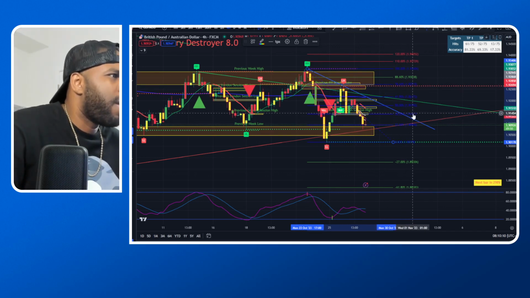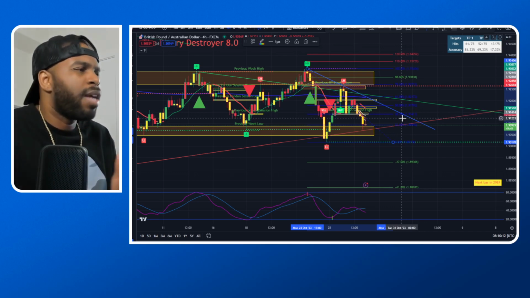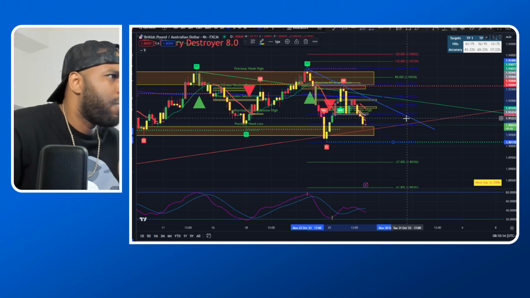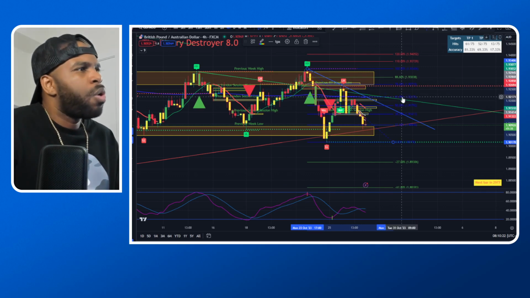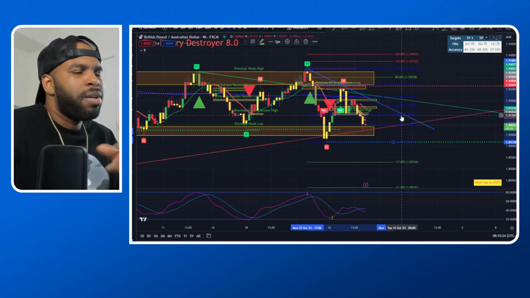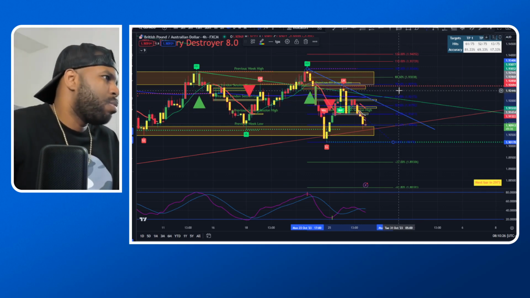The major levels that I usually trade off of are the 38.2, the 50%, the 61.8, the 78.6, or the 88.6. Those are the levels I'm looking to trade off when using the Fibonacci retracement tool.